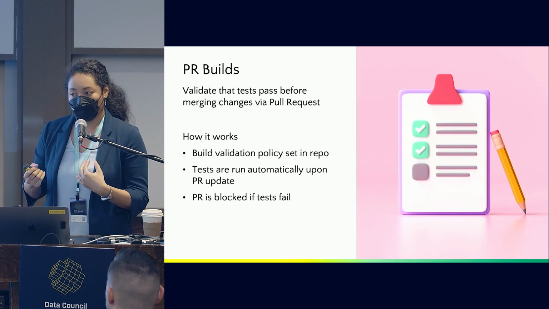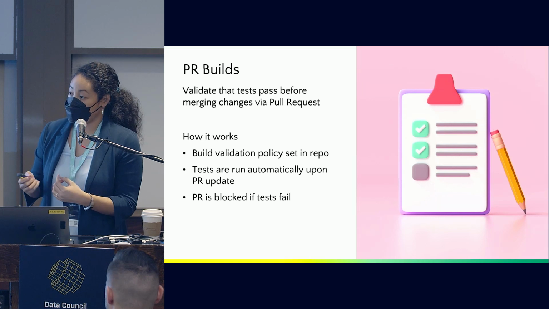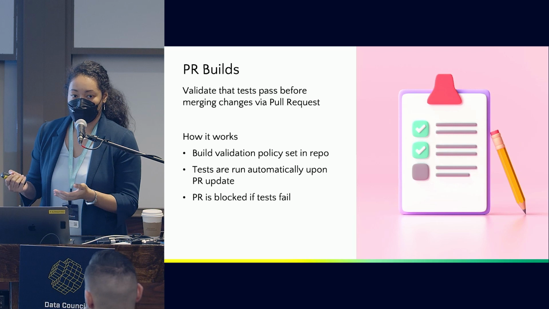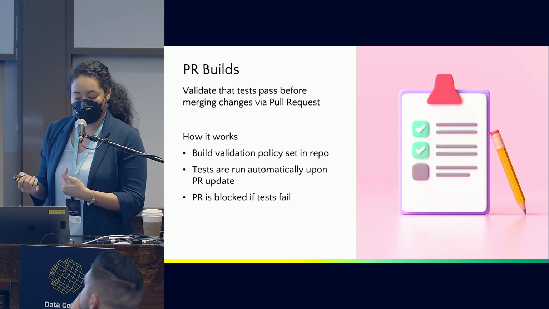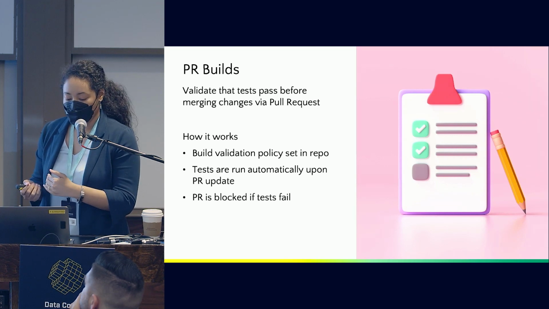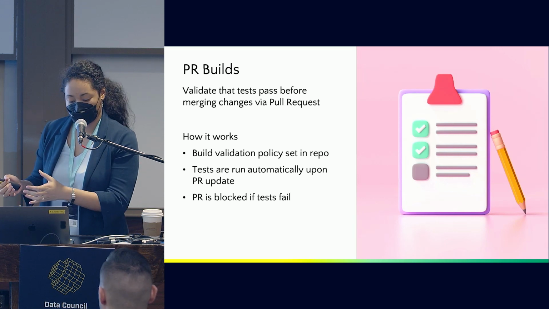So when we were interested in getting that data into the repository as well with the unit tests, that was done via, of course, a pull request into the public repository. And so through pull request or PR builds, you can use that to automatically validate that your tests are passing before you merge any sort of code into your main functioning branch.